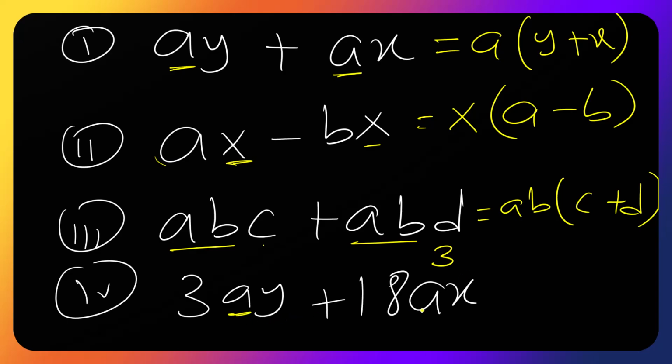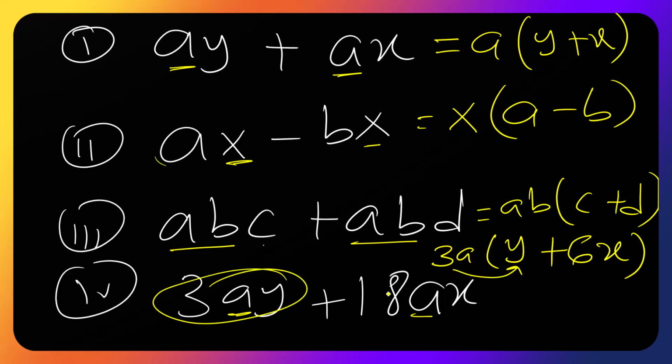We have a here, a there, so a out. So 3 has been taken off here, so I'll leave it as y plus 6x. In going back, 3 times a times y, and 3 times 6 is 18, ax.